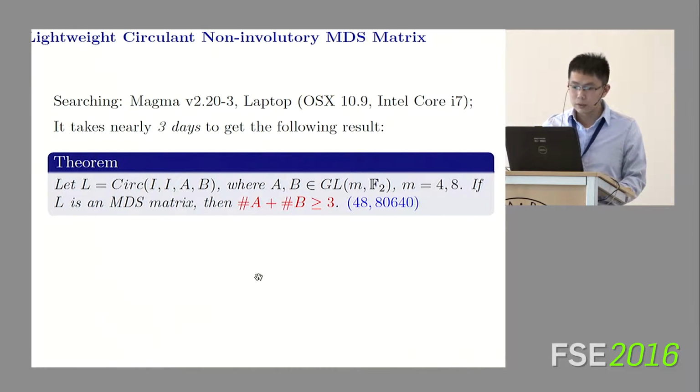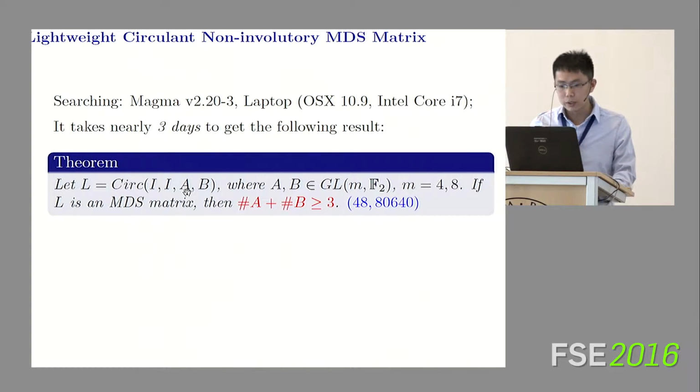We use this method on a laptop with the software Magma. It takes nearly 3 days to verify that for a circulant matrix, if both A and B have XORs less than or equal to 1, then it cannot be an MDS matrix.